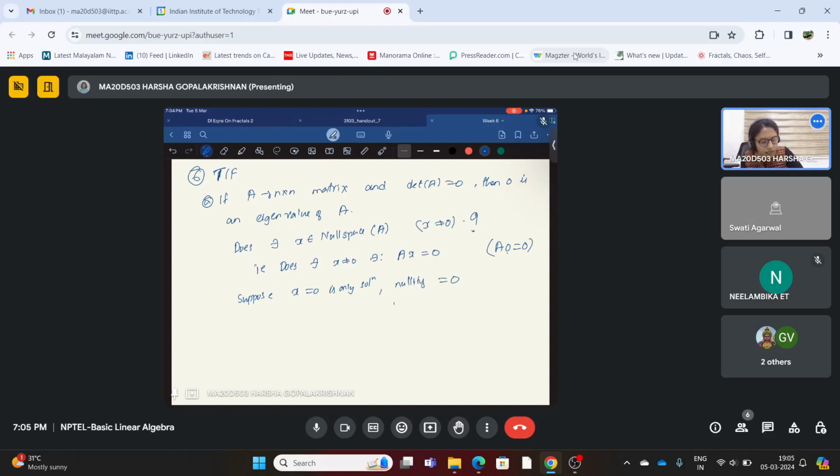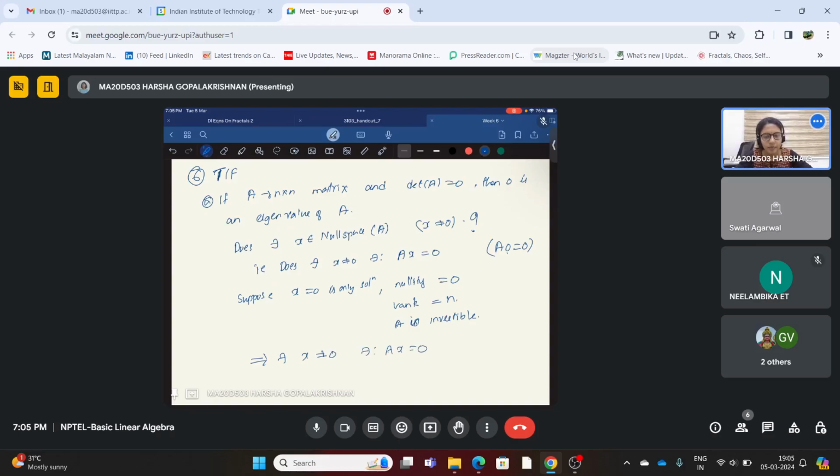That means A has rank n, full rank. What does that mean? A is invertible. But that is not true, because determinant of A is 0. So what does that mean? There exists a non-zero solution. That implies there exists a non-zero X such that Ax equal to 0.